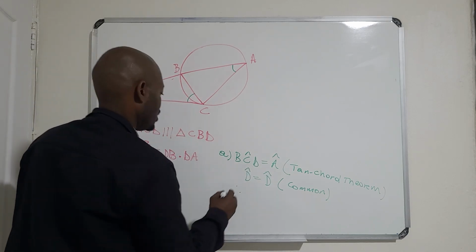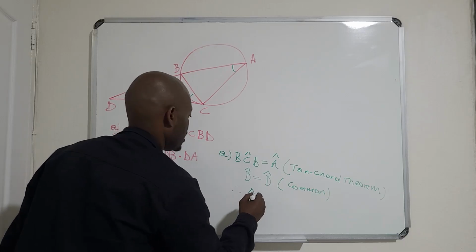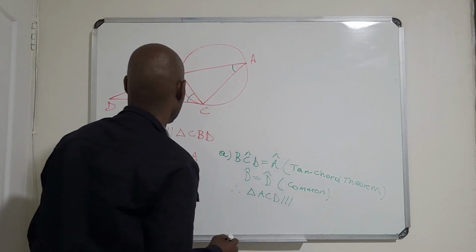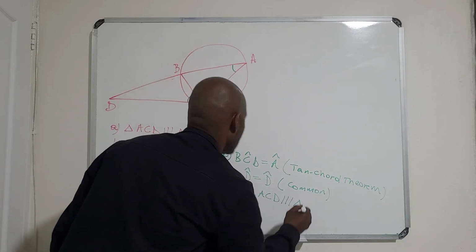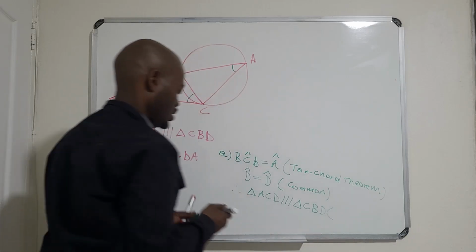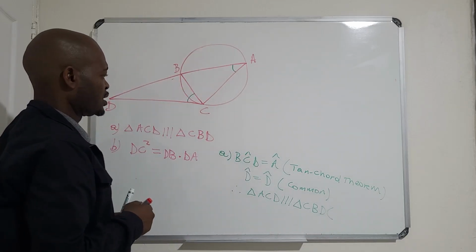Now, therefore, triangle ACD is similar to triangle CBD. Reason why we're saying that?